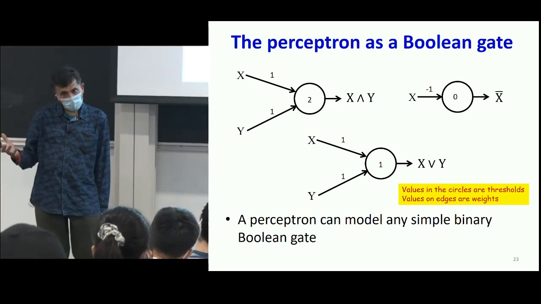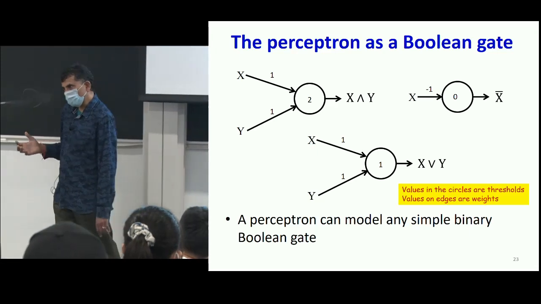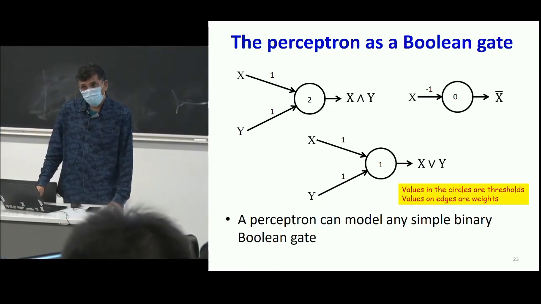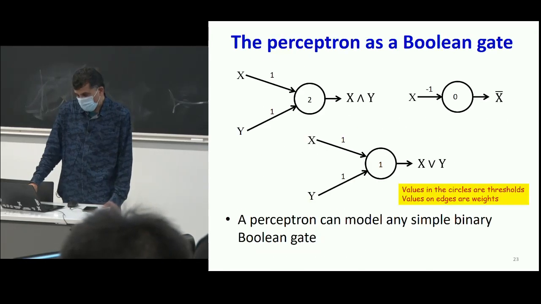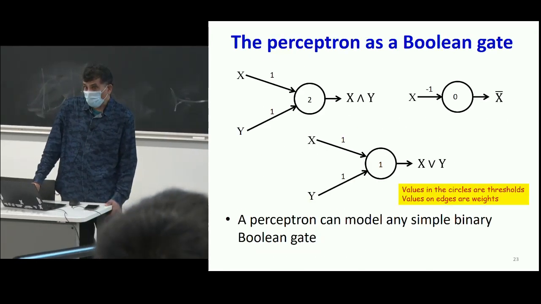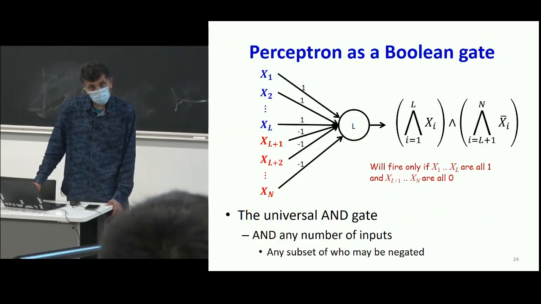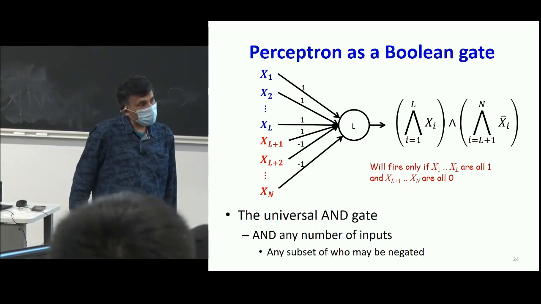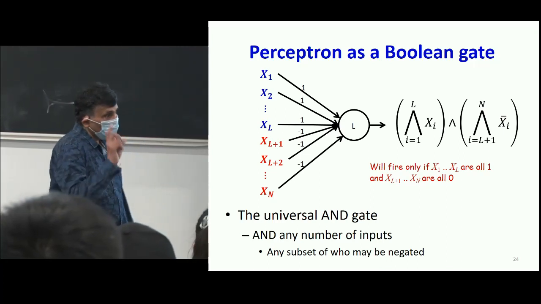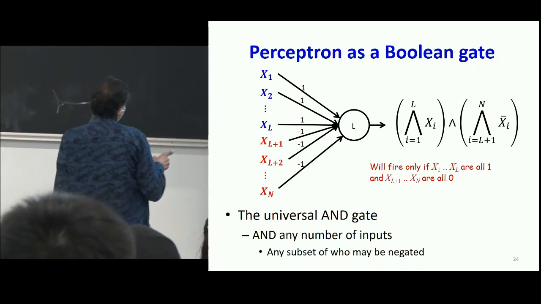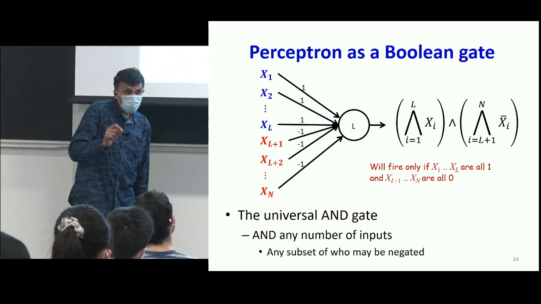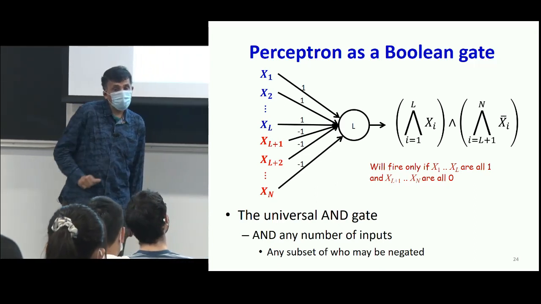They can also negate the input, like the one to the top right. We saw this in the last class. But this is not all that a perceptron can do. A perceptron is a ridiculously powerful little unit. So for example, over here is a perceptron that will fire only if the first L inputs are all 1 and the last L inputs are all 0.